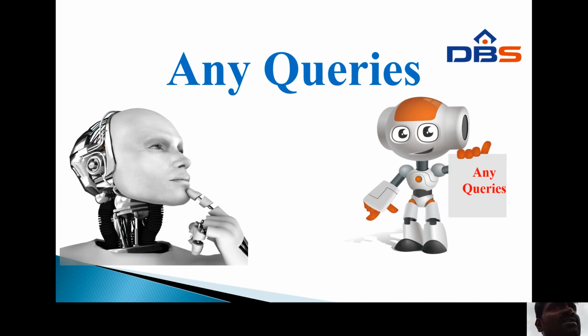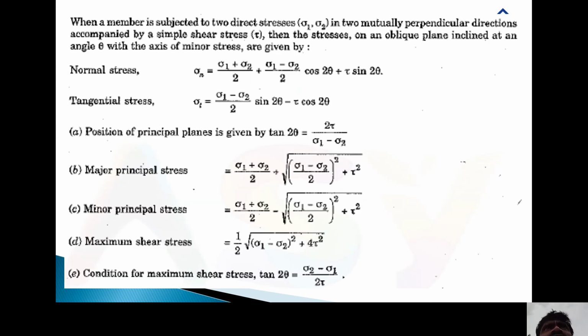Some values, such as normal stresses, tangential stresses, major principal stresses and minor principal stresses, are calculated using these equations. These formulas are used to calculate the normal stresses, tangential stresses and principal stresses. The maximum shear stresses can be calculated using the Mohr circle method.